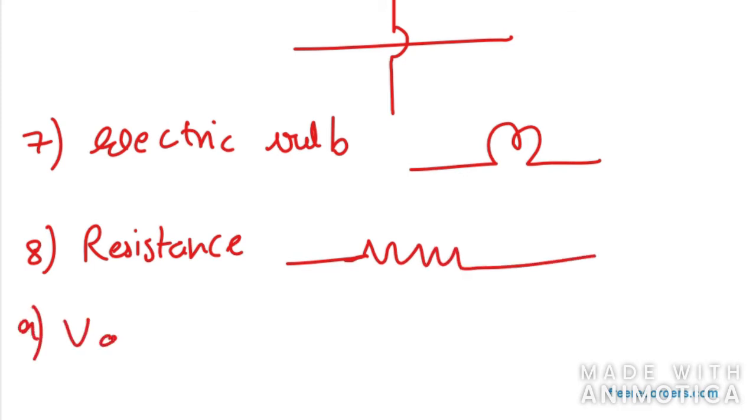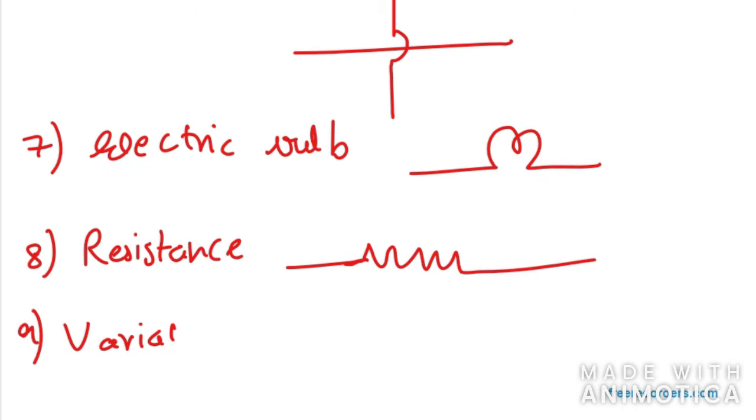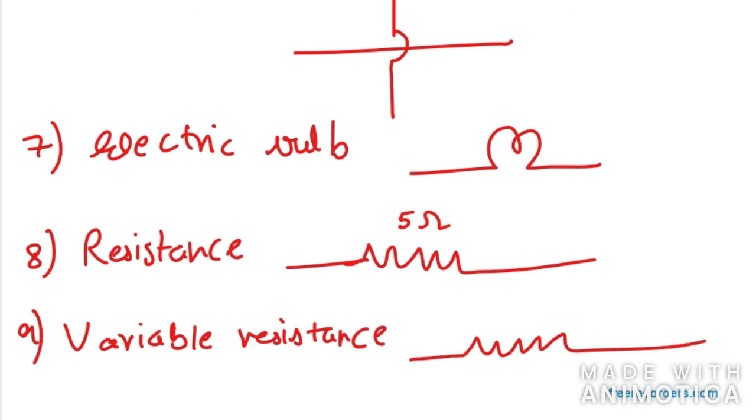Then we have a variable resistance. In the simple resistance, we have a single value, like some numerical value such as 5 ohm, 10 ohm. Whenever we talk about variable resistance, that means it can take many other values like 5 ohm, 10 ohm, 15 ohm.